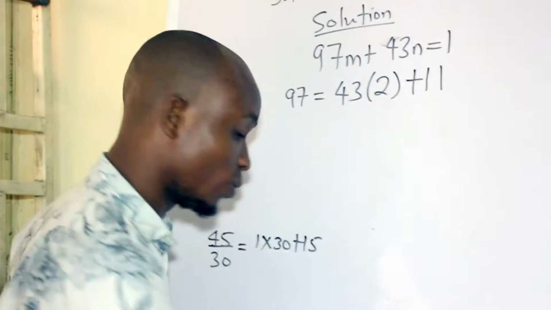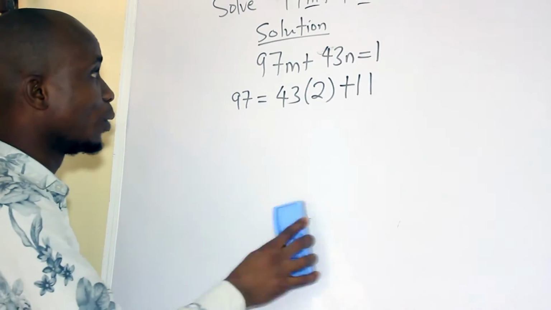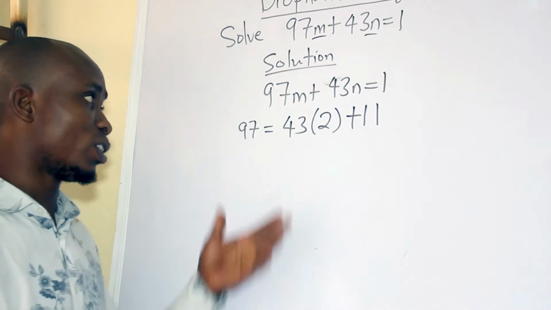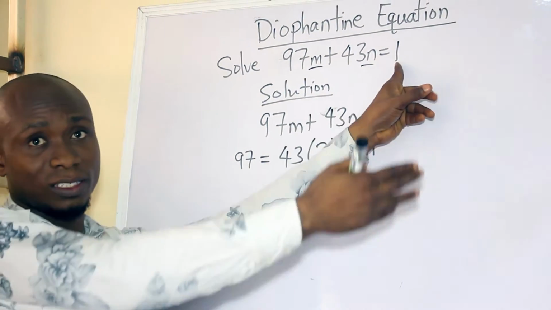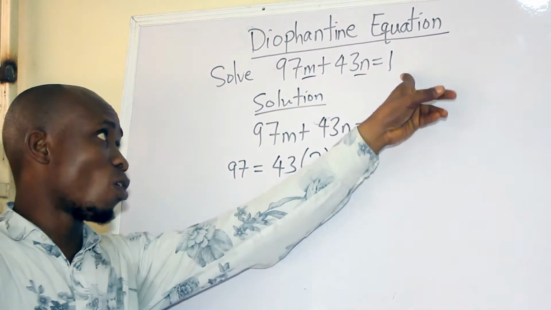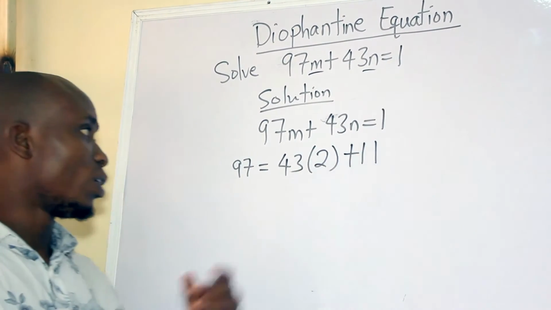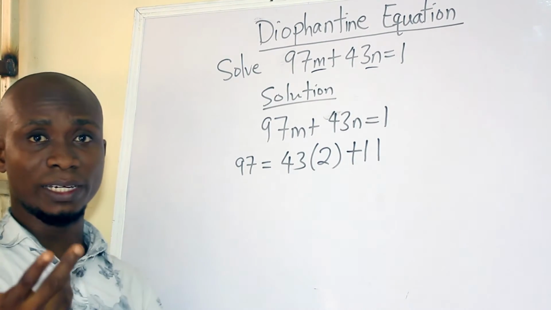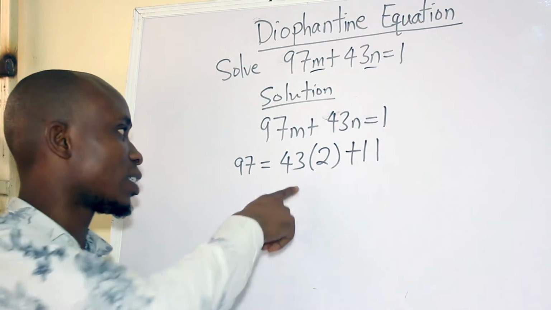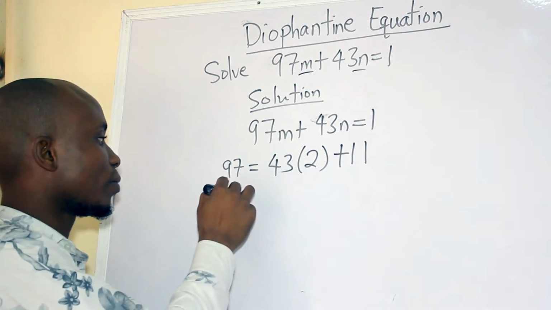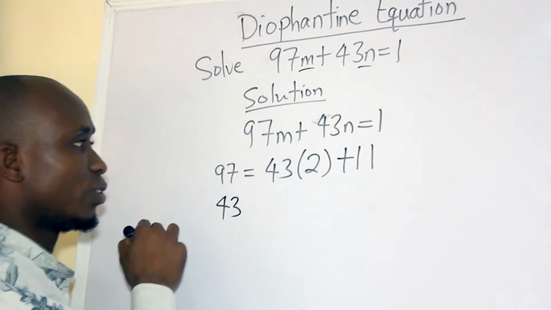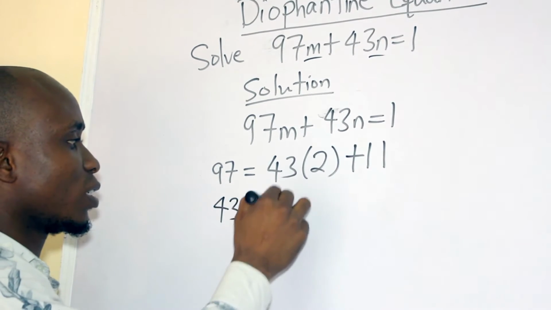So this is the Euclidean algorithm. Then we move further. We're going to perform this algorithm until we get this number at the right hand side, which is the greatest common divisor. Now, I'm going to perform the Euclidean algorithm on the numbers 43 and 11. So this is going to be 43 equals 11.